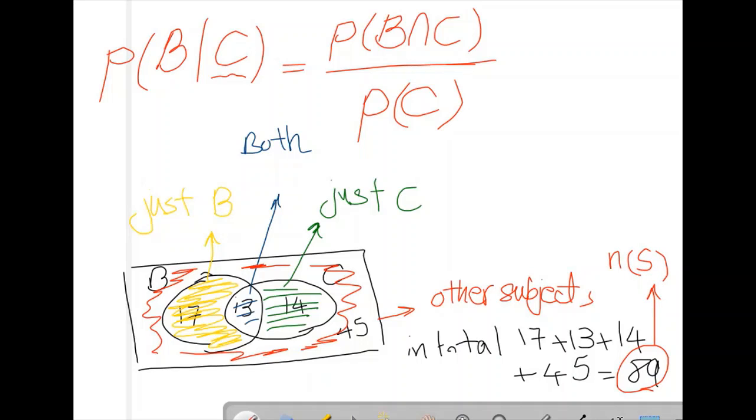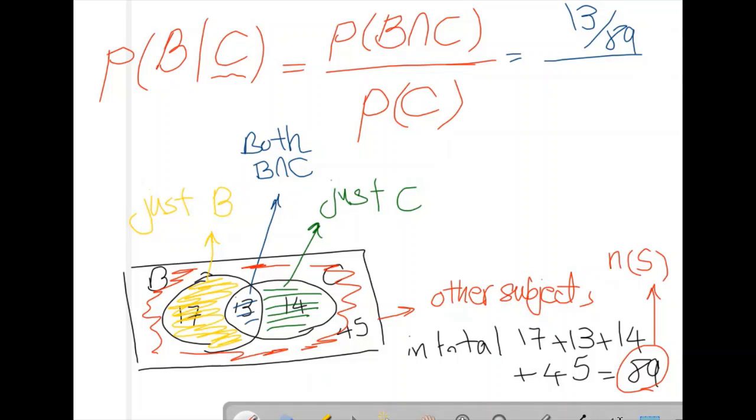So the probability of B intersection C, this area, is 30 divided by the total.